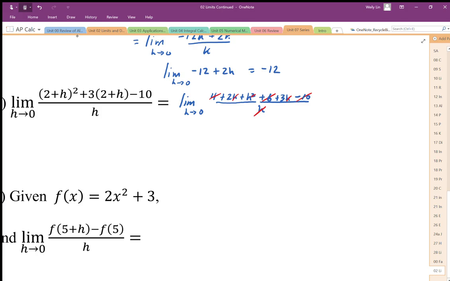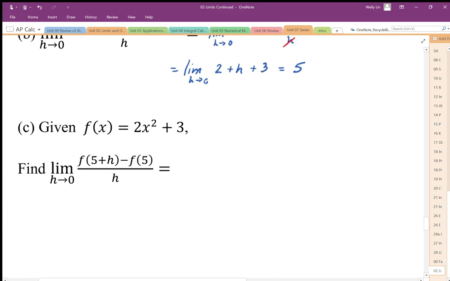So now simplifying that expression, I'm left with the limit as h approaches 0 of 2 plus h plus 3. I should have combined like terms. Then as I plug in 0 into that expression, my limit equals a value of 5. So that limit's equal to 5.